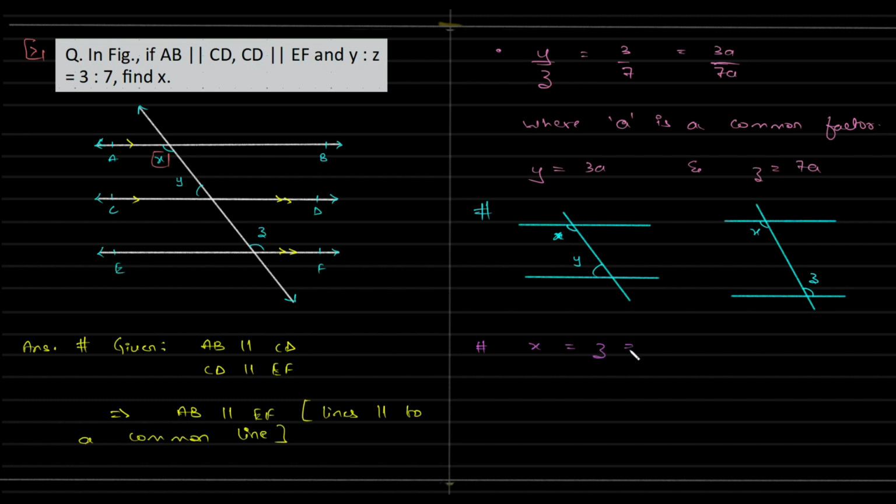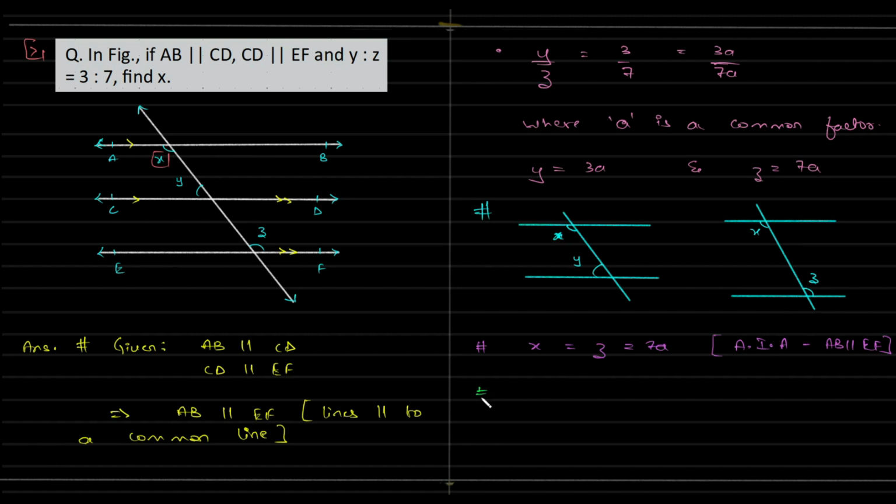X is equal to Z, which is equal to 7A. Reason: alternate interior angles of AB being parallel to EF. Just for the sake of clarity, we can write so much. If not, alternate interior angles is good enough. It's for you guys to understand this.